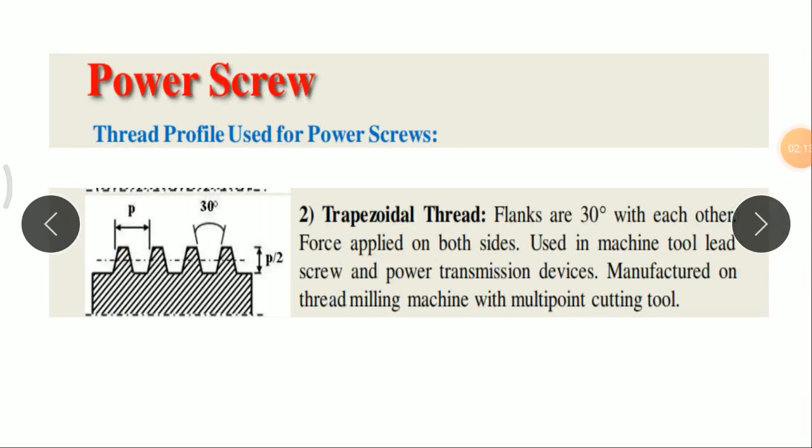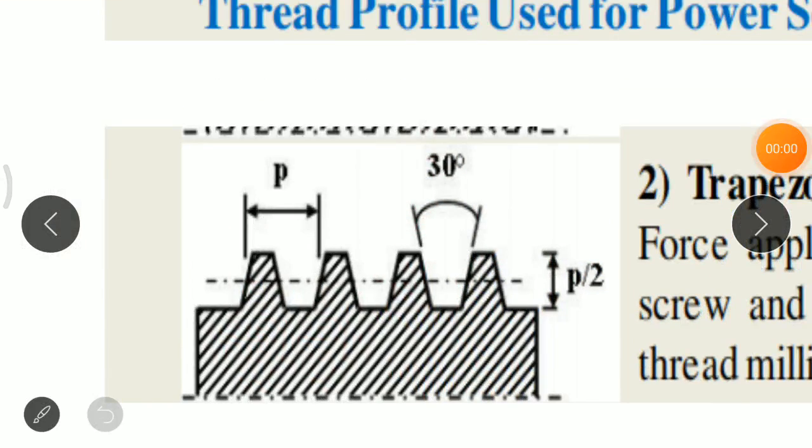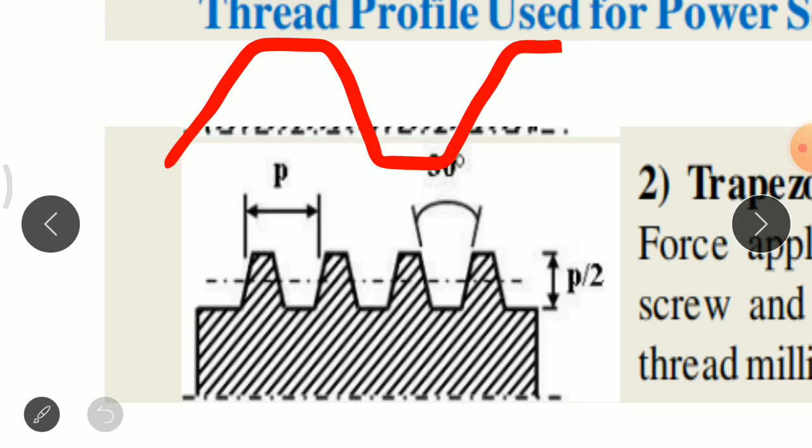Now the next type of thread is the trapezoidal thread, where the flank angle is 30 degrees and the force is applied on both sides when it is rotated in clockwise and anti-clockwise directions. This type of thread is used in machine tools, lead screws and power transmission devices. Here you can see the diagram of the trapezoidal thread. The point of distinction between thread profiles is that in the trapezoidal thread the flank angle is 30 degrees.